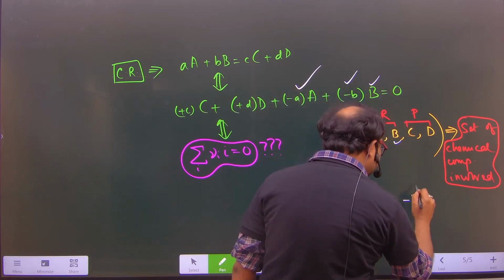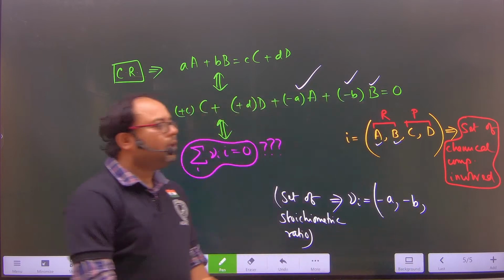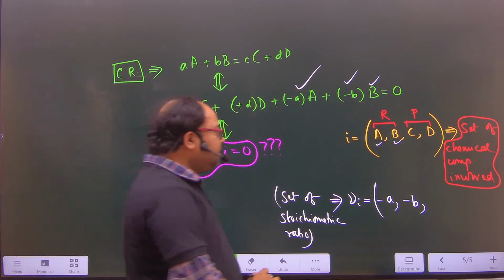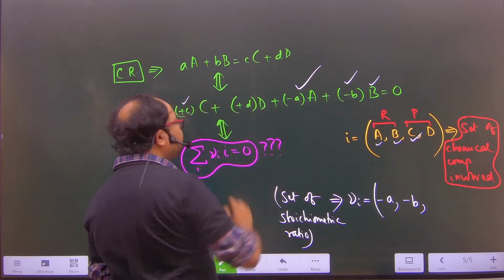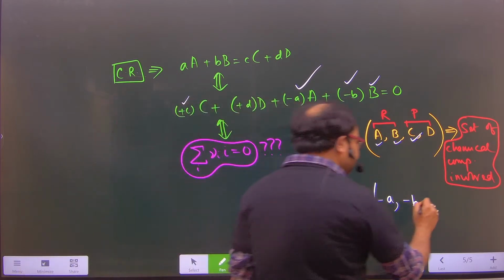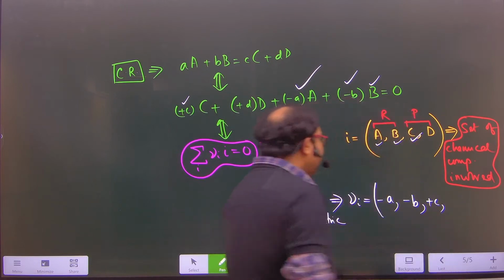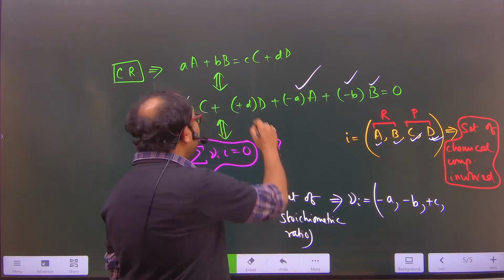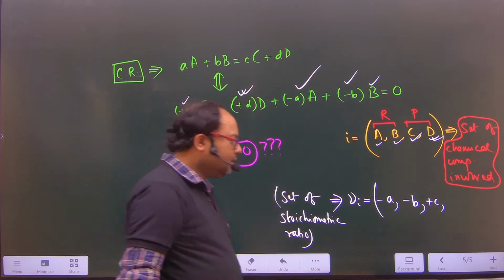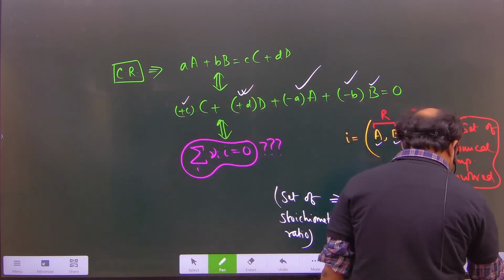So I have this term. When i is capital C, nu i is plus small c. So you have this term. And when i is capital D, nu i is plus small d. So I have got this term.